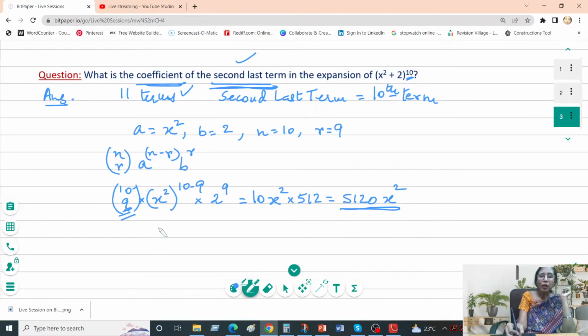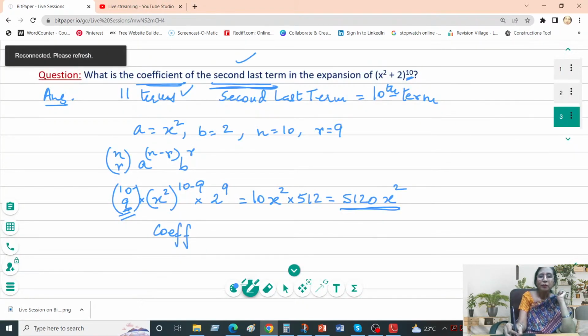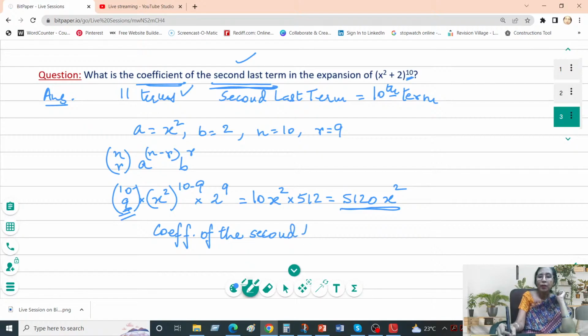So the coefficient of the second last term is equal to 5120. Okay.